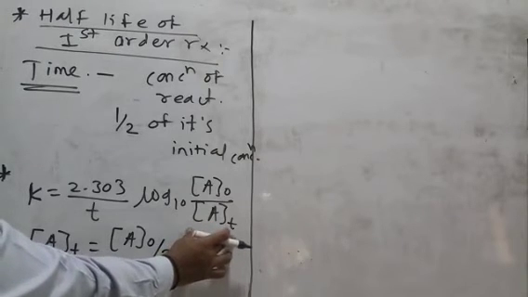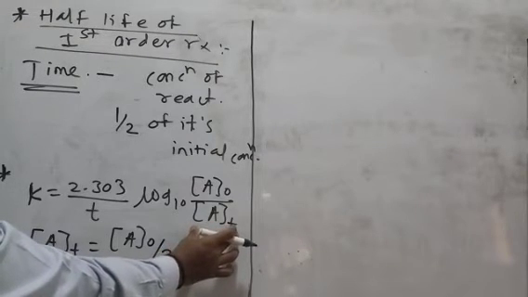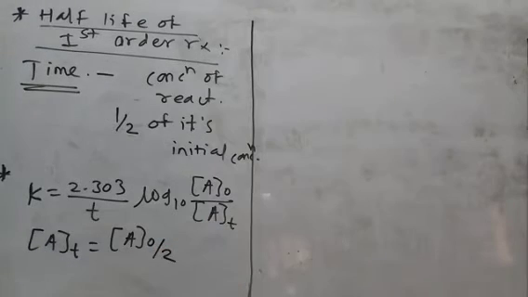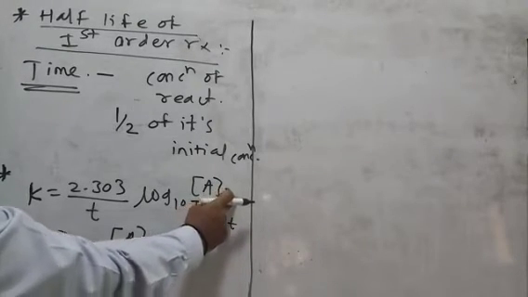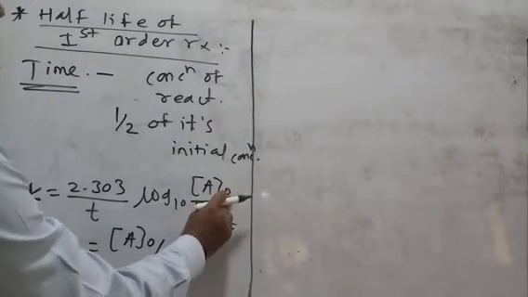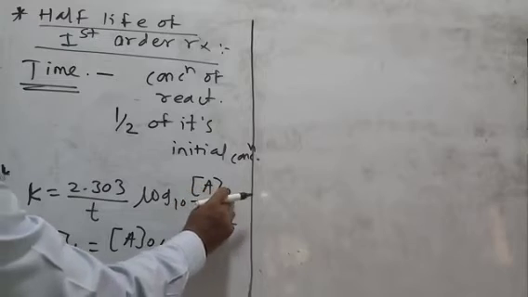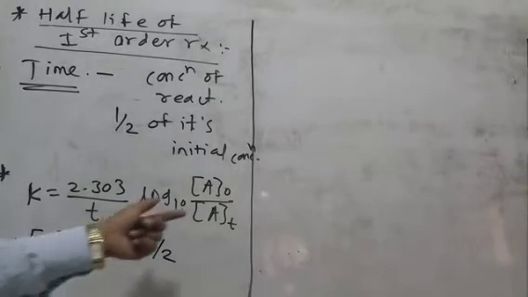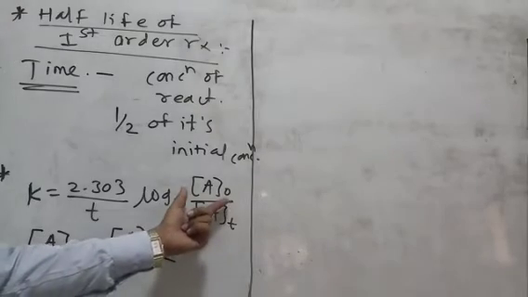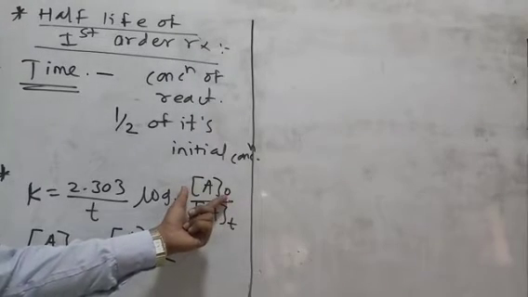When the reaction starts, at time t the concentration of A becomes At, and at the initial time, when the time is 0, the concentration of A is A0.